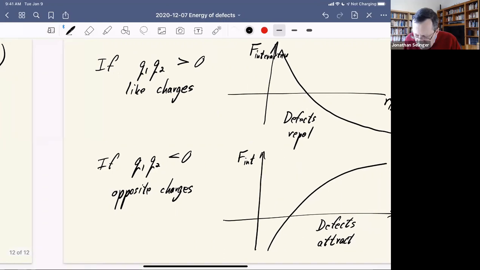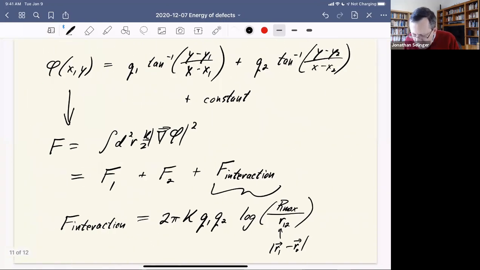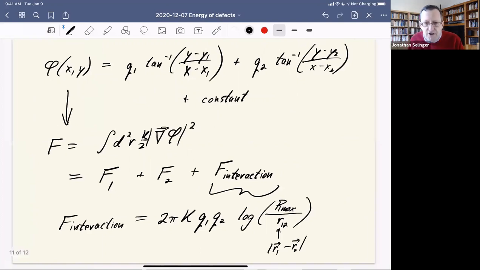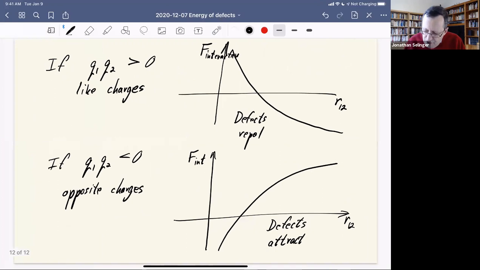You might look at the dependence on distance. We see that the interaction free energy involves this log of the distance. So if we take the derivative of that, that tells us that the force is 2 pi k q1 q2 divided by r12. So the force drops off as 1 over distance.